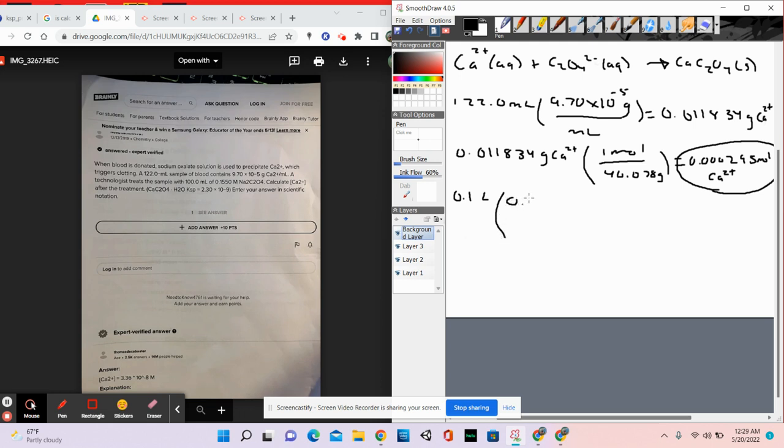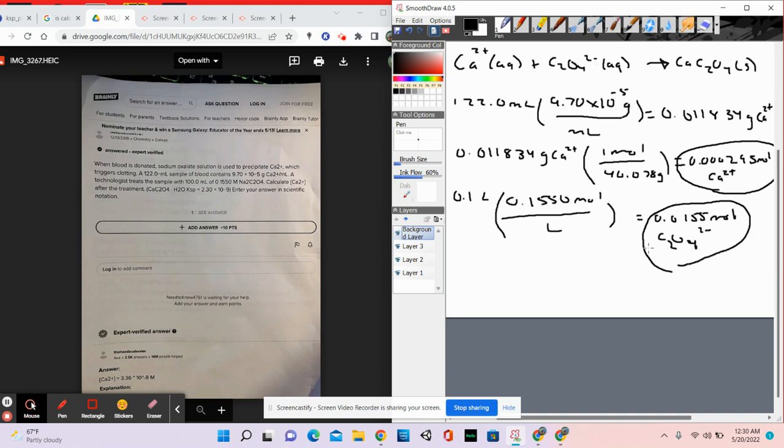So 0.1550 moles for every liter of sodium oxalate, or just the oxalate, and that gives us 0.0155 moles of the oxalate, or moles of C2O4 2 minus. All right. These are how many moles of each substance we have.